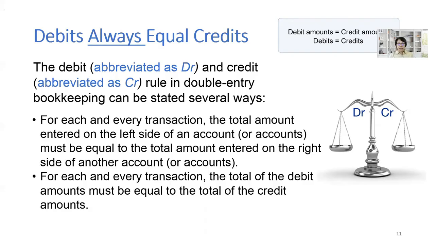So for each and every transaction, the total of the debit amounts must be equal to the total of the credit amounts. The reason I put that was because sometimes you have what's called a split entry. Let's say you went to Staples and you wrote a check for $3,000, and $1,500 of it was for a computer and $1,500 of it was for office supplies.